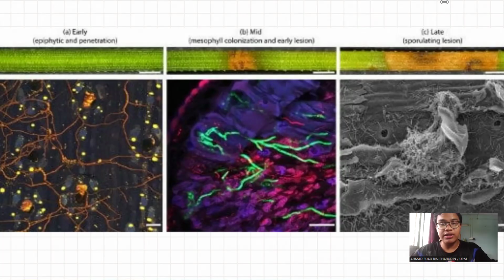The second one is the mid stage, where they colonize the mesophyll layer of the needles so that they can produce an early lesion to produce their fruiting bodies. And the late stage is where they produce a fruiting body, which we will see later on. It causes lesions on the needles themselves.